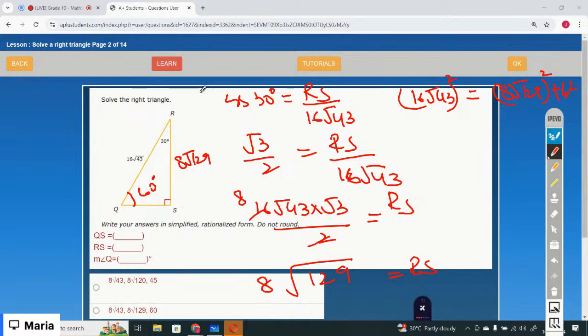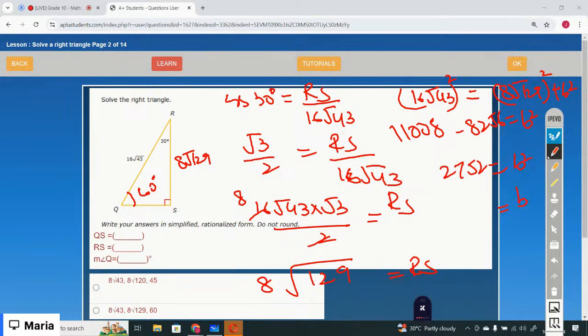16 times 16 is 256 times 43 is 11008, and 8 squared is 64 times 129 is 8256. So 11,008 minus 8,256 is 2752 equals b squared.